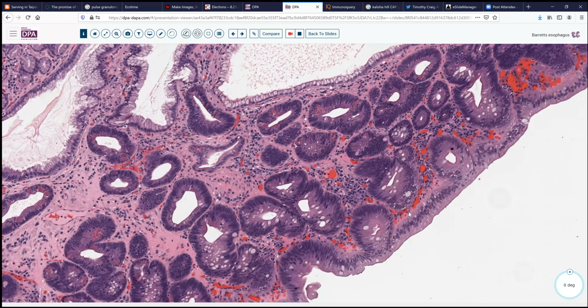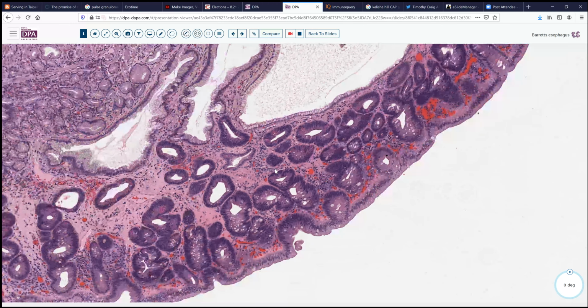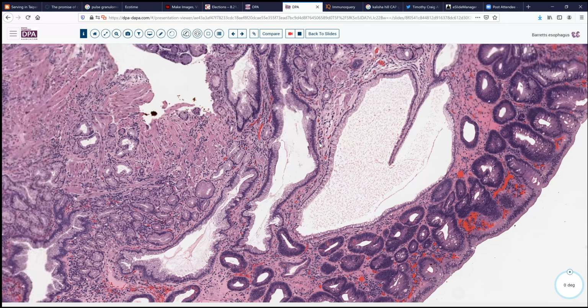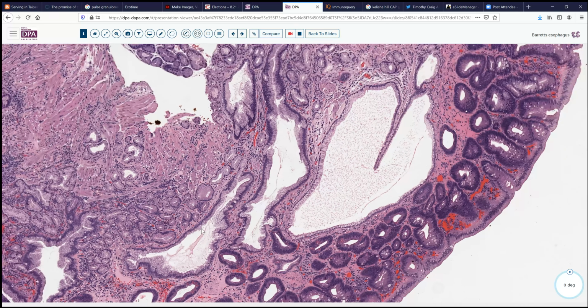And yet, as they reach the surface here, we see that they tend to normalize a bit and be spread out. We also see that there are some Paneth cells in the deeper crypts here. Then we have these maybe pyloric type glands down here deeper.